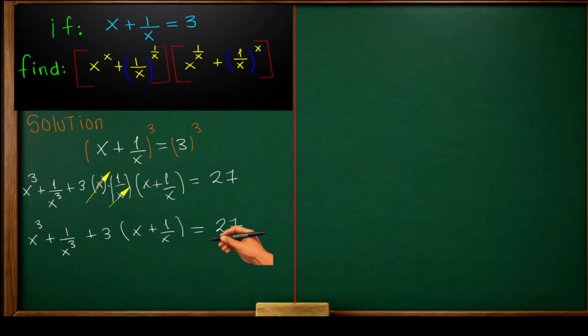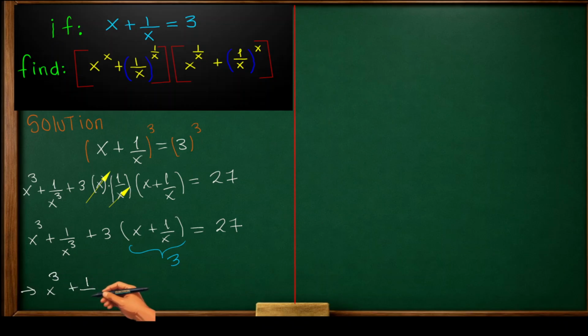This expression equals 3. Then x cubed plus 1 over x cubed plus 3 times 3 equals 27.